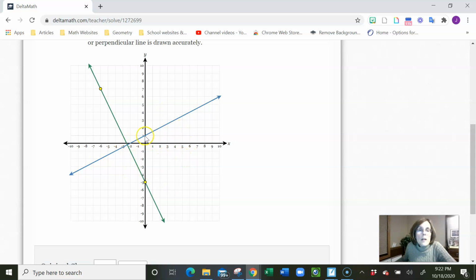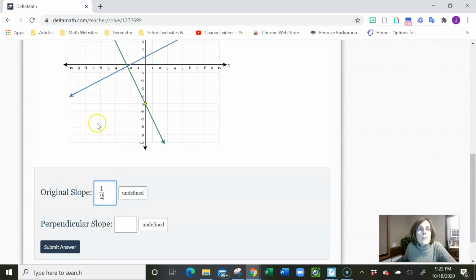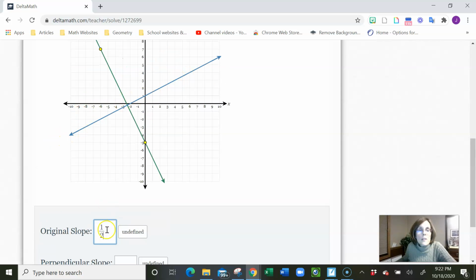I have a point here, and I have a point here. What do you think my slope is if I do rise over run? I would be going up 1 to the right 2. So what is my slope? It is 1/2. And notice I am going uphill, so it is positive.